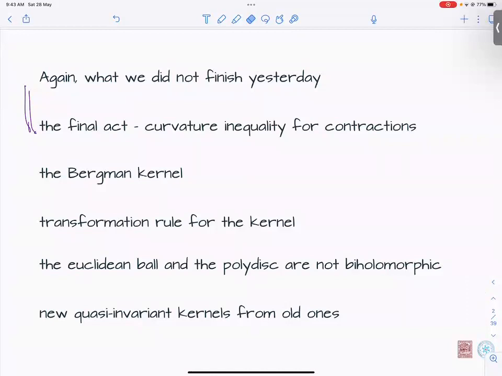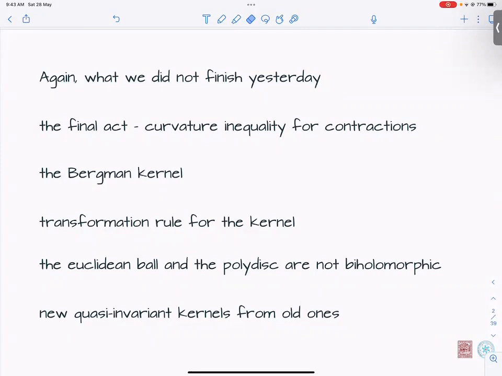And if we still have time, I'll come back to what remained unfinished yesterday. But at least I did finish with a curvature inequality for contractions and pointed out that the Gram-Schmidt orthonormalization actually gives a relationship with curvature.